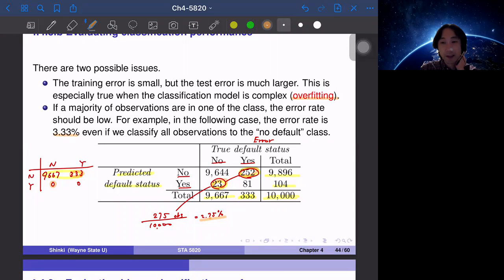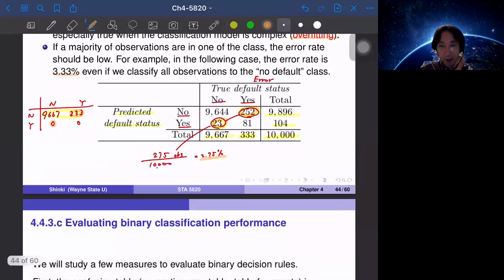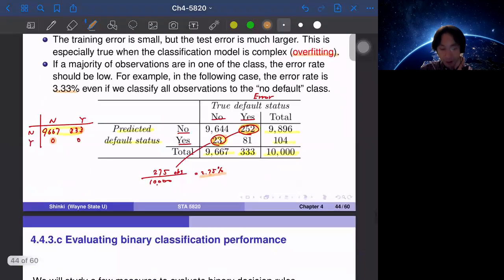So basically, the situation is that we know the label, so we know which person defaulted. Then we predicted which person will default. So certainly we can do somewhat better than what we can do for a new data set. So even with 2.75%, we are not really sure if it's truly a useful prediction model or not.